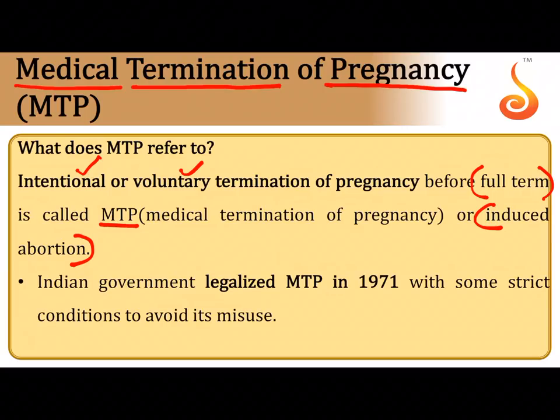So MTP stands for medically terminating pregnancy. The government of India legalized medical termination of pregnancy way back in 1971, but with certain strict rules, because of course MTP also can be misused. But remember, it is intentional and voluntary. The couple are very much aware of the fact that yes, they do not want to continue with the pregnancy. Okay?